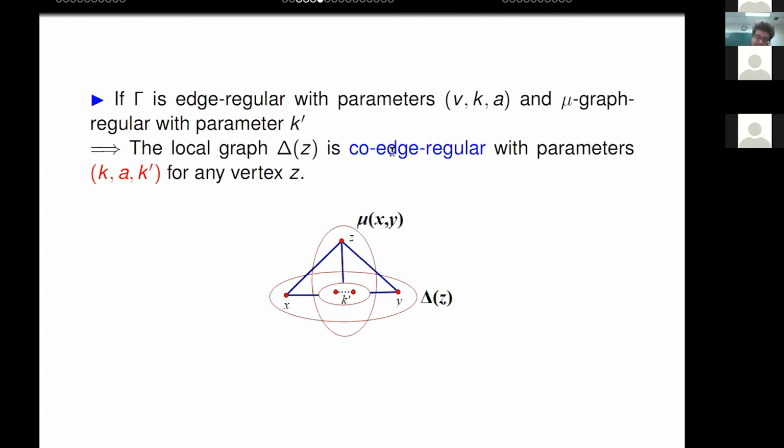So what it means is the local graph of the mu graph is the mu graph of the local graph.